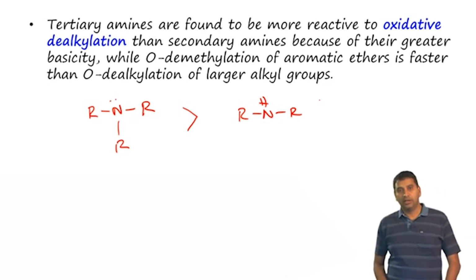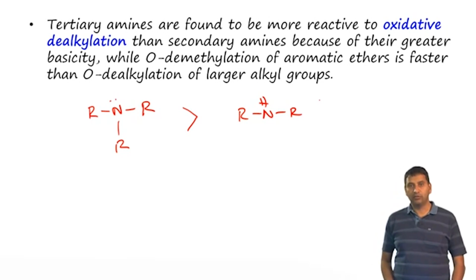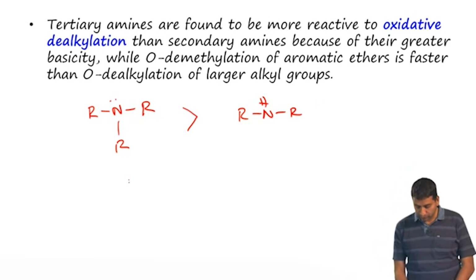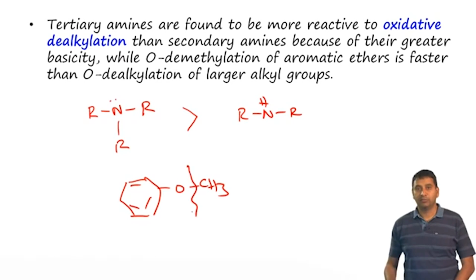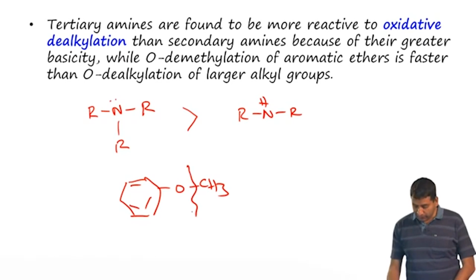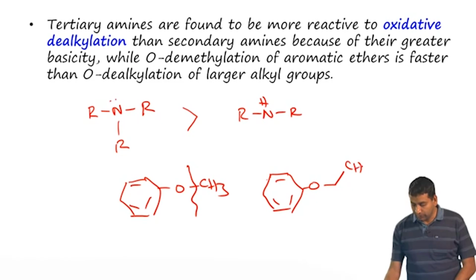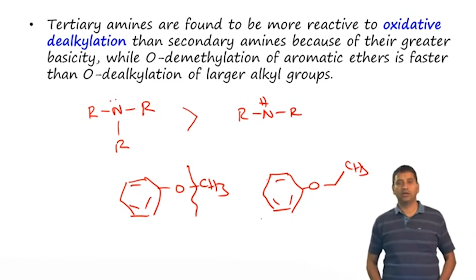While O demethylation of aromatic ethers is faster than O dealkylation of larger alkyl groups. So, if you look at it, O demethylation, that is breaking here, is much faster than O dealkylation. So, if we compare this with the same O dealkylation with the ethyl group, this is slower than that of a methyl group.